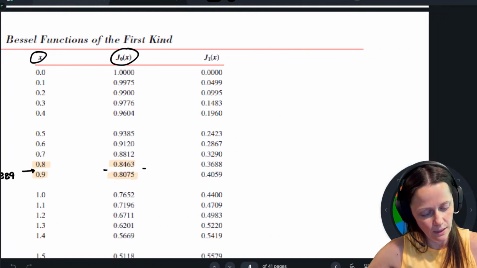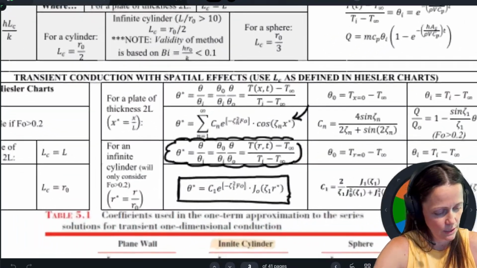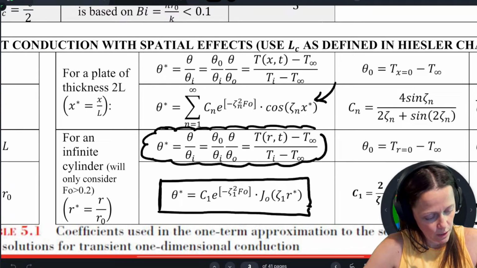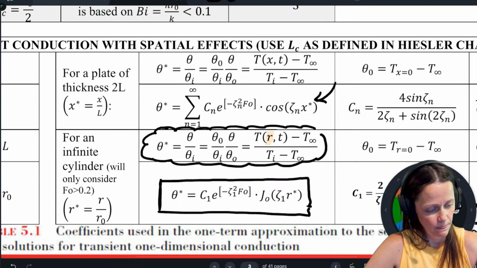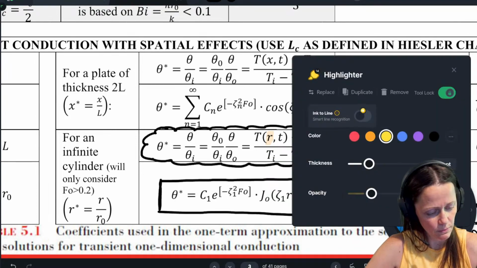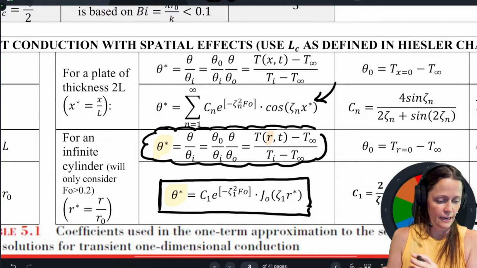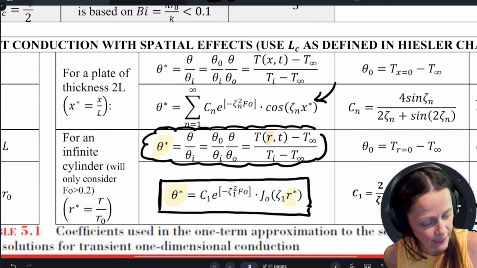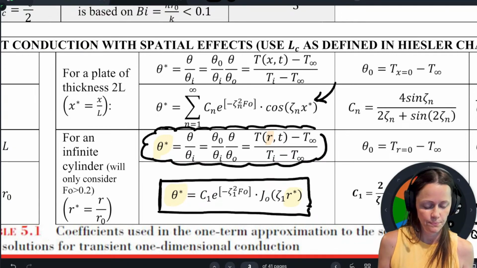So just going back to the basic equation on your equation sheet, it just depends on where you are defining that r. See what I'm saying? So here's your theta star, and you're defining that based on a dimensionless temperature defined at a given r, and that's going to affect where you evaluate that r star.